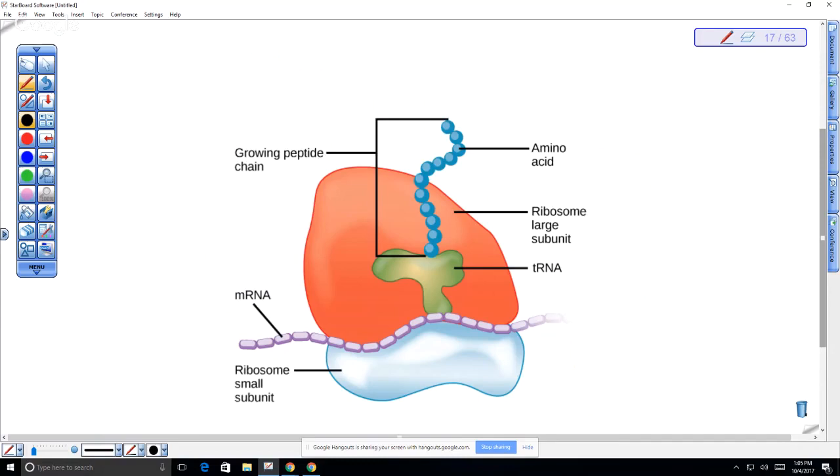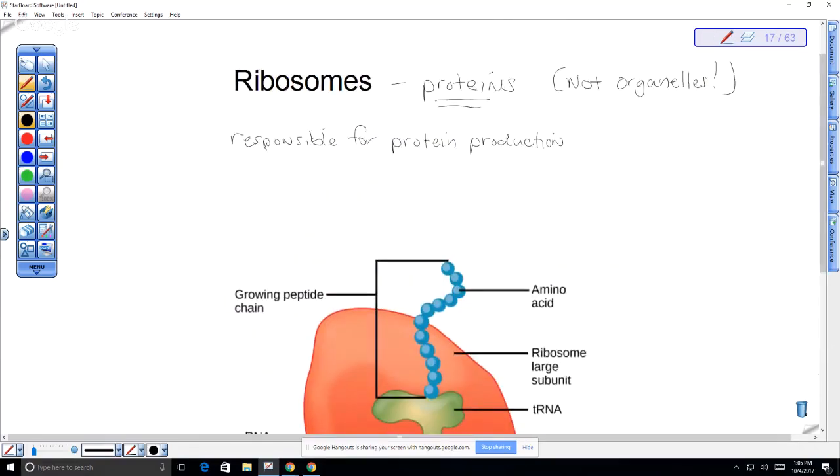So if we look at where these protein factories are in your cytoplasm, we have free ribosomes, they're called. And these float in the cytoplasm. Then we have bound ribosomes. And bound means that they're attached to a membrane.